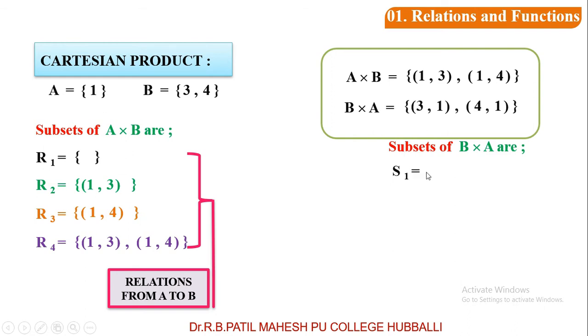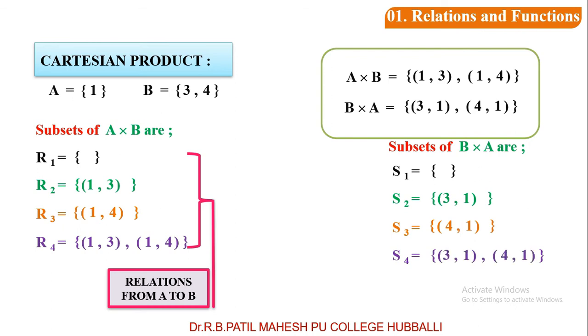And the first subset, of course, is the empty set. The second subset is the set consisting of (3,1). And the third subset is the set consisting of the ordered pair (4,1). And the fourth subset of B cross A is taking both the ordered pairs, that is (3,1) and (4,1).